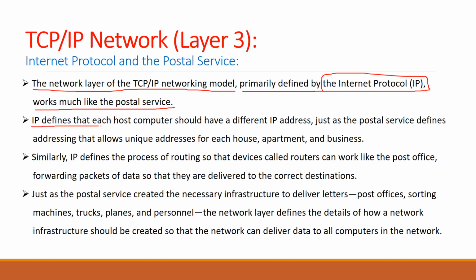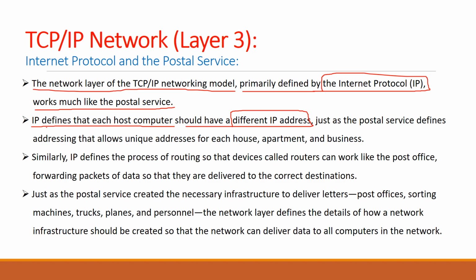IP defines that each host computer should have a different and unique IP address. Actually, different, not unique, because there are two versions of IP, version 4 and version 6, and with IP version 4 you can have the same addresses in different locations, called private IP addresses, but we will not deep dive into the details.